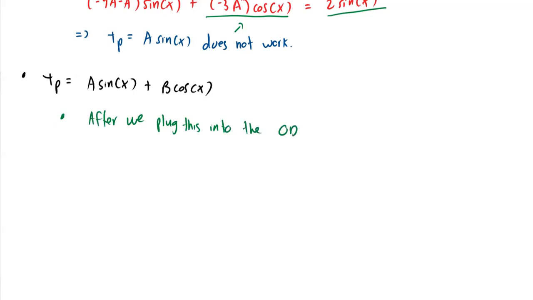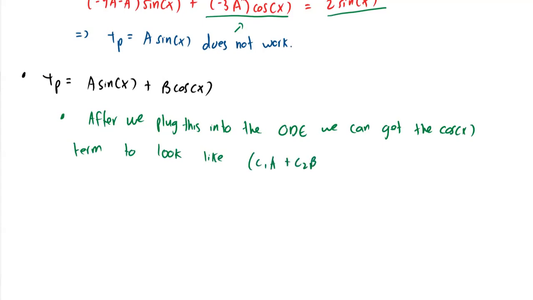After we plug this into the ODE, we can get the cosine term to look like some constant, so some multiple of A plus some multiple of B times cosine.